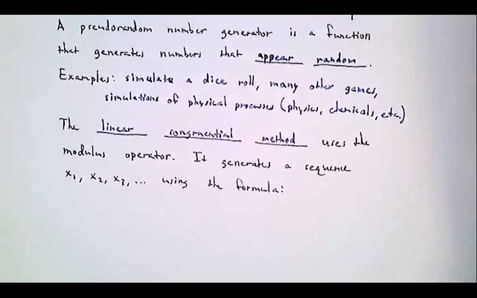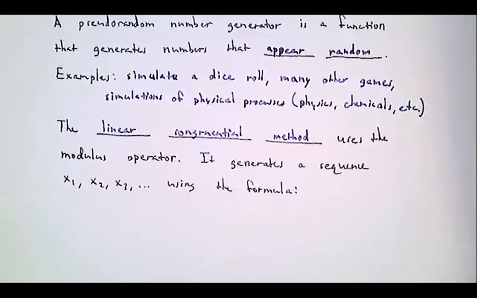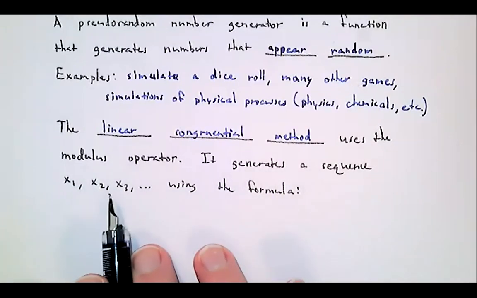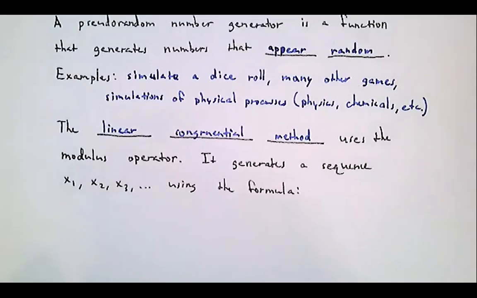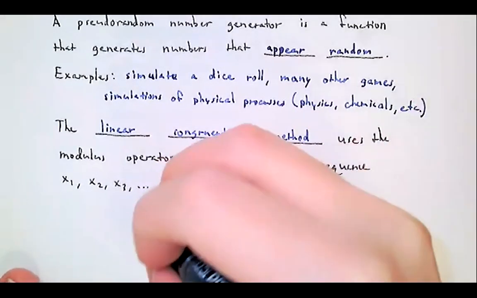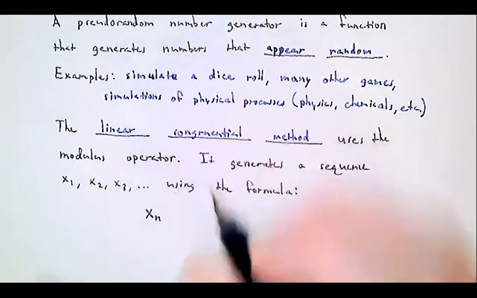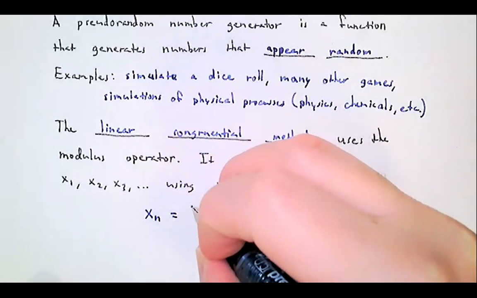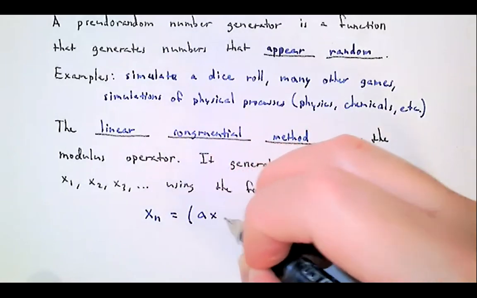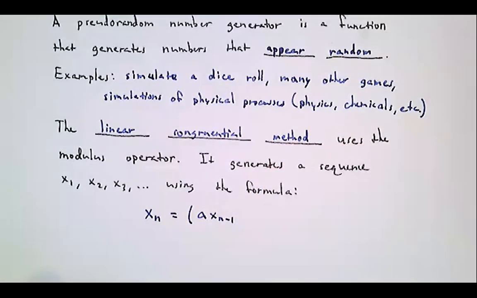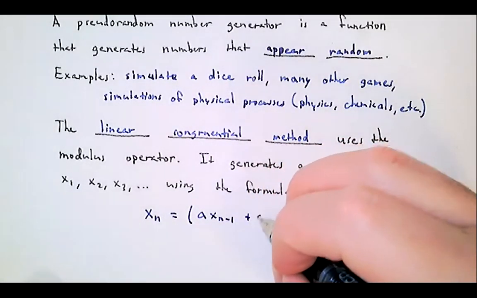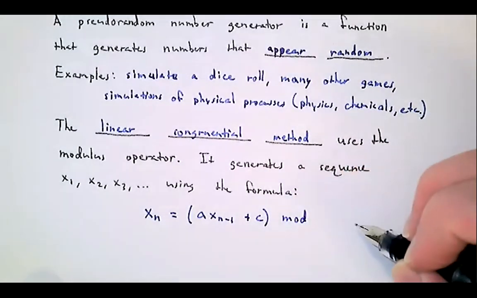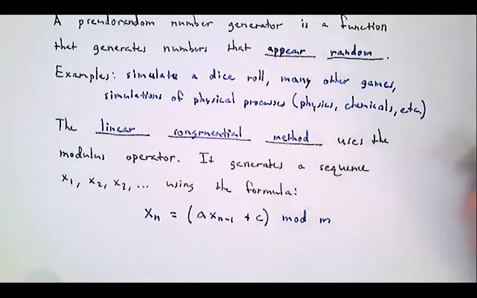So what a computer would do in order to generate a pseudo-random number is that it would start a sequence like this, x1, x2, x3, using a formula. So the nth item in the list, xn, is equal to a times the previous number in the sequence, xn minus 1. Then you'll add a constant, c, and then take the modulus of that with respect to some number m.